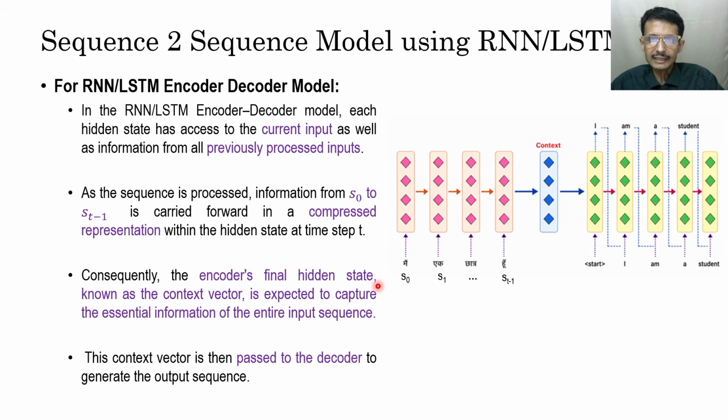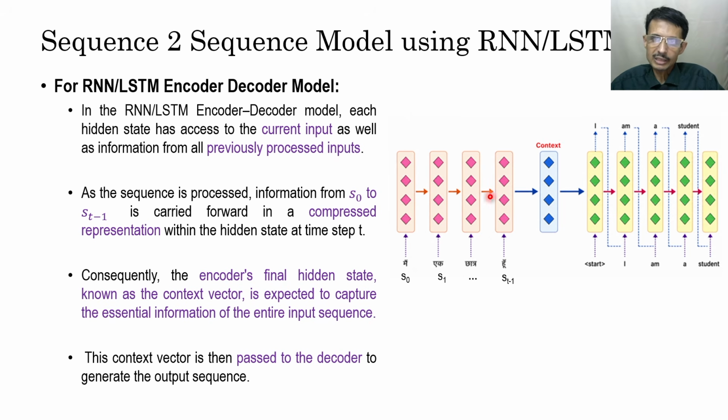Consequently, the encoder's final hidden state, known as the context vector, is expected to capture the essential information of the entire input sequence.